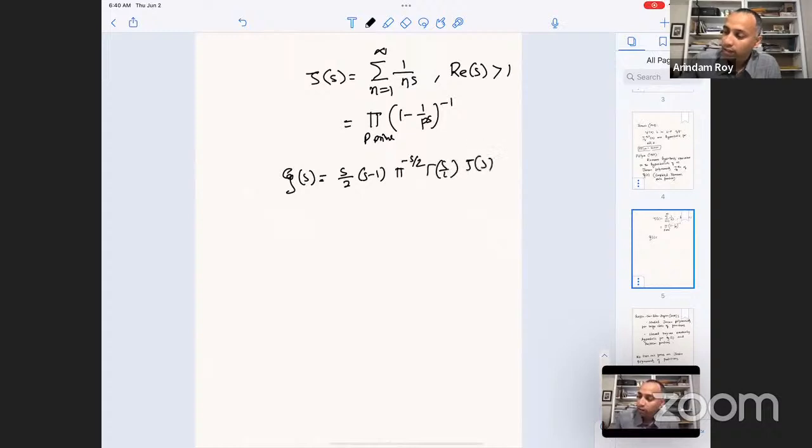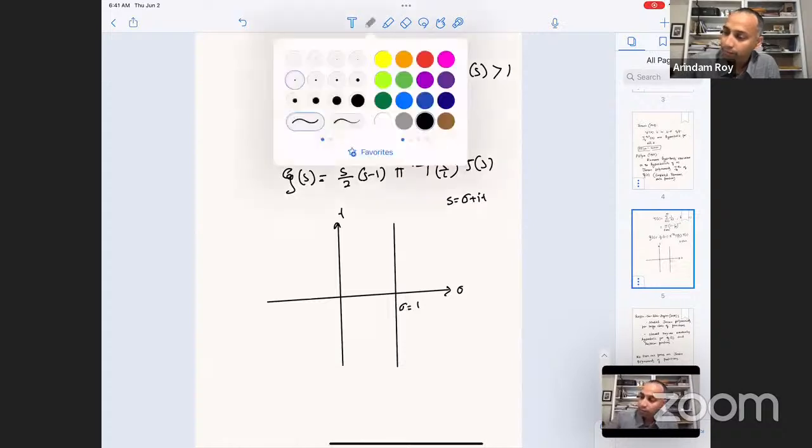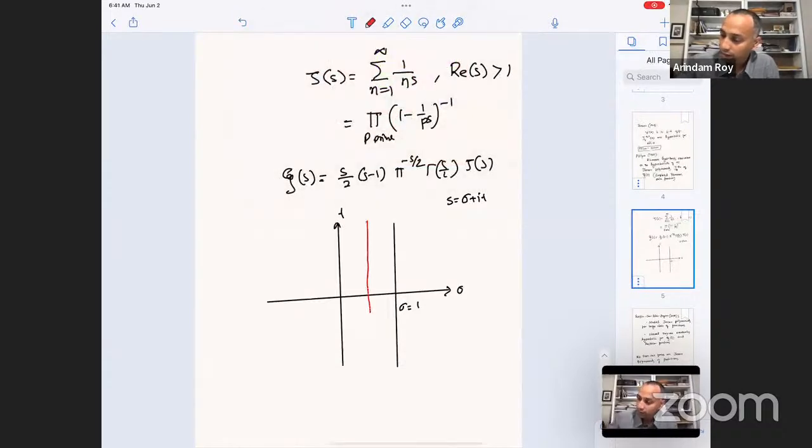The reason is, if we draw the complex plane, let's say s equals sigma plus it, this is the sigma line, this is the t line, and let me put another line here, sigma equal to 1, and another line right here, sigma equal to 1/2.